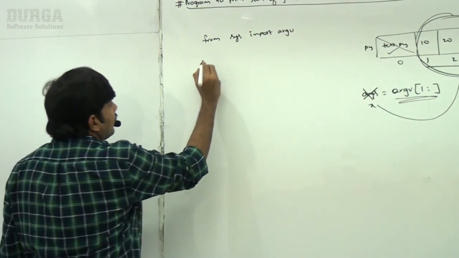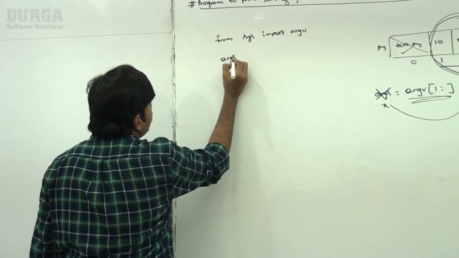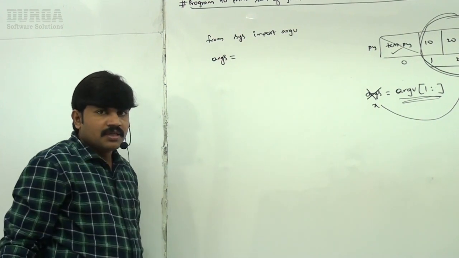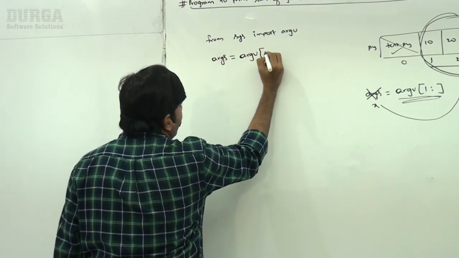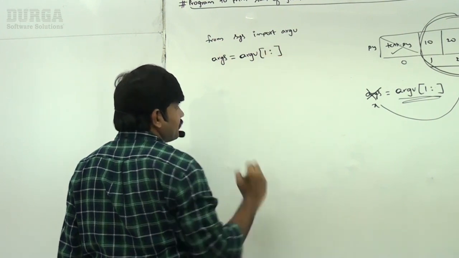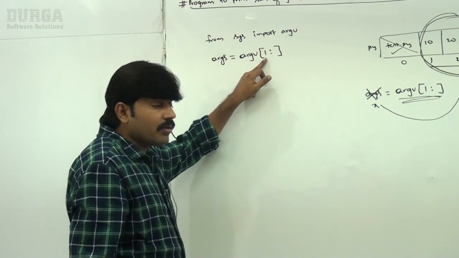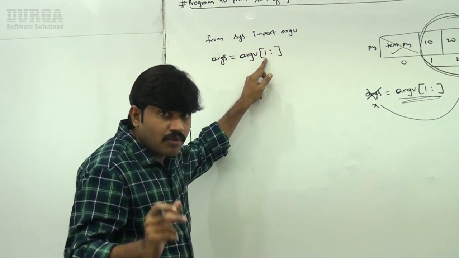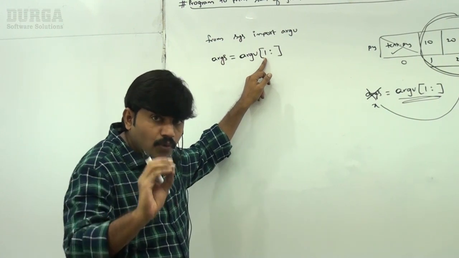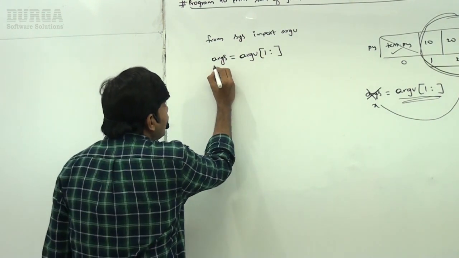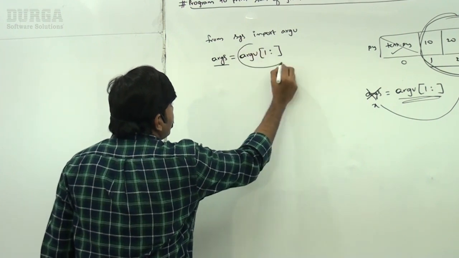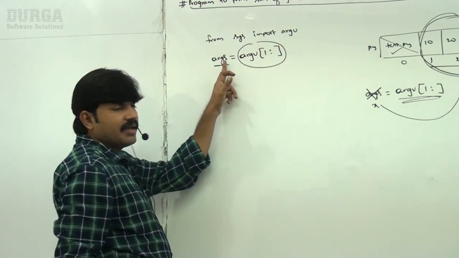Now observe: args is equal to argv[1:]. So ignore the file name, ignore our Python file name. Only the provided command line arguments you should consider, and that new list we are assigning to args.